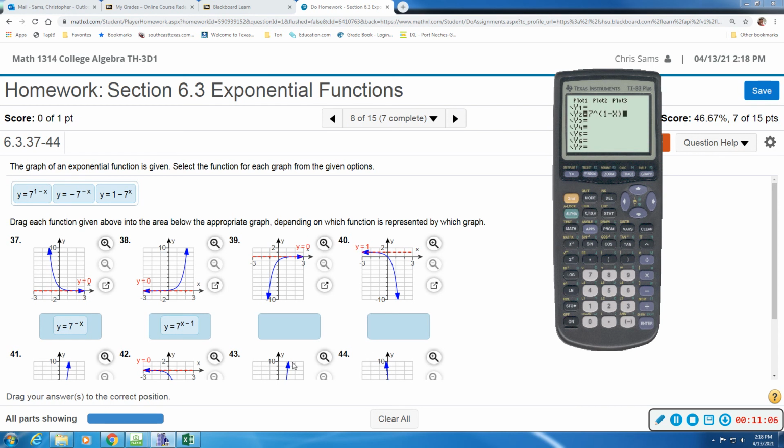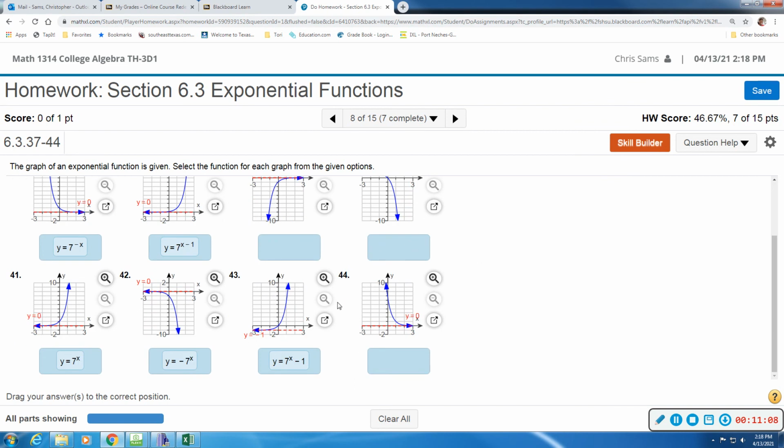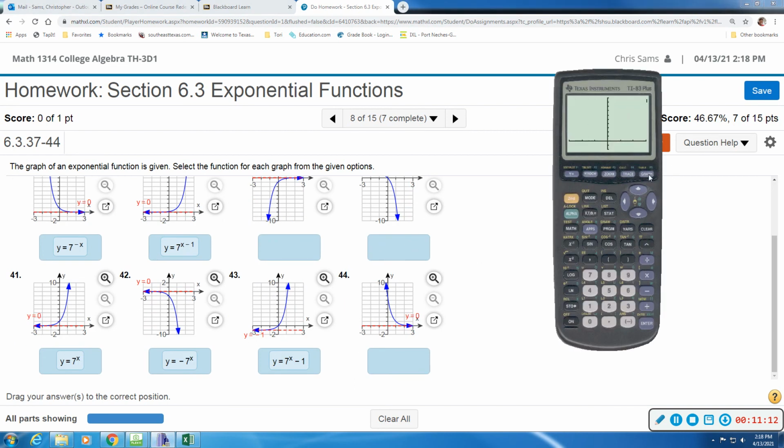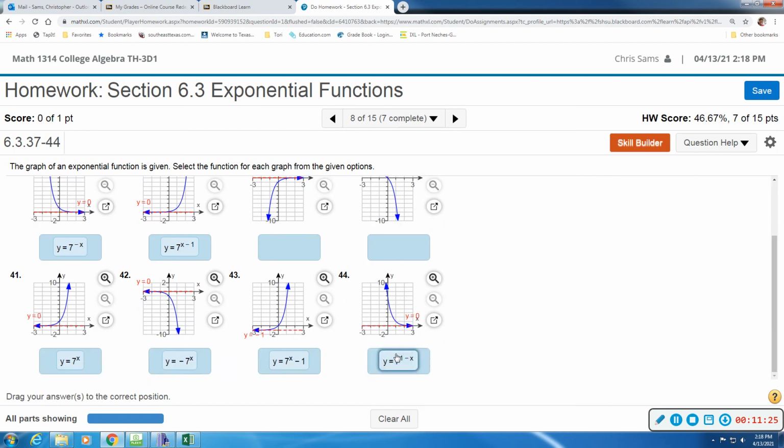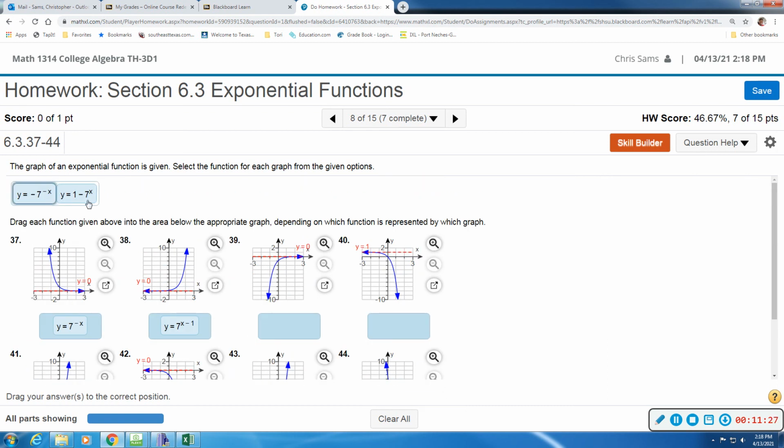What I'm looking for is an image that looks close to this. So when I hit graph, okay, that's the image we get. That's the only one that actually has decay. So that's what I would have chosen anyway, but I wanted to get a better feel from graphing it. Okay, so now we have two options left.